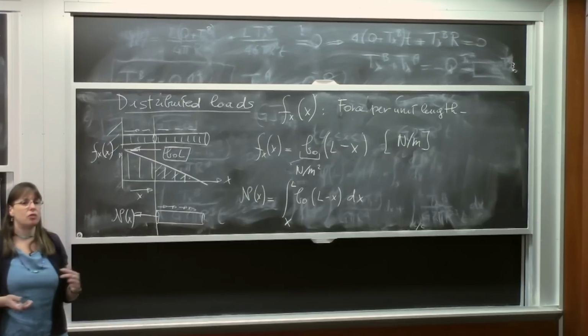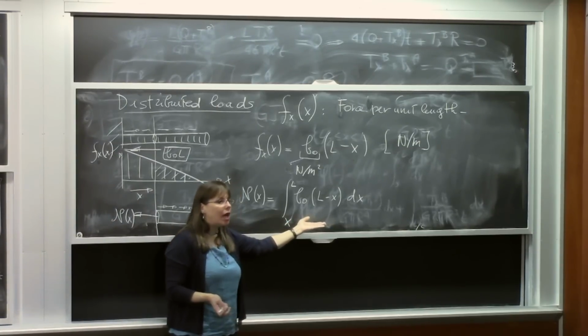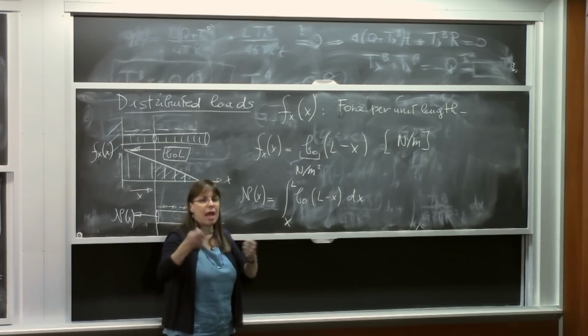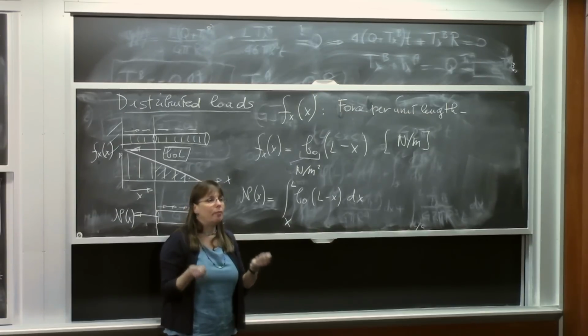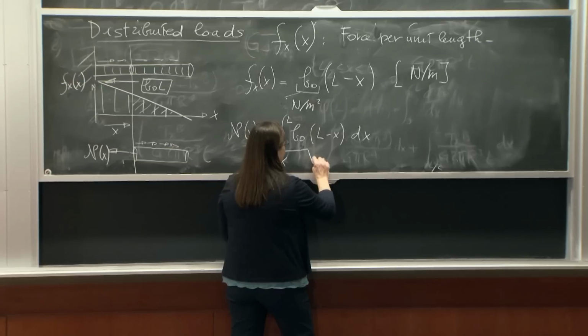Now, for some mysterious reason, once you get to do these integrals, you get totally lost with bounds, minus, x, plus. Go back to the basics if you get lost. Think of what this means. What is this?